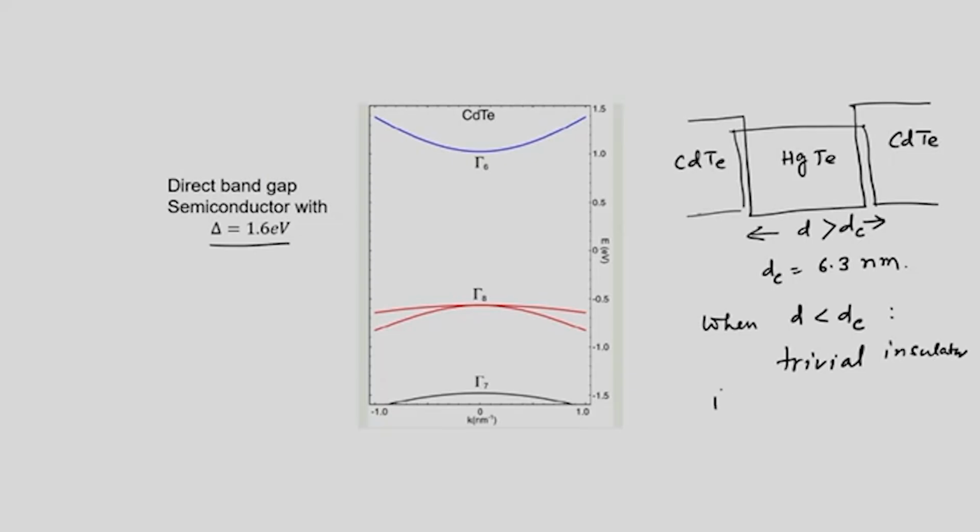For d greater than dc, where dc is some critical width which has a value in this particular case of 6.3 nanometer, one has a quantum spin Hall, which we will write as QSH insulator.